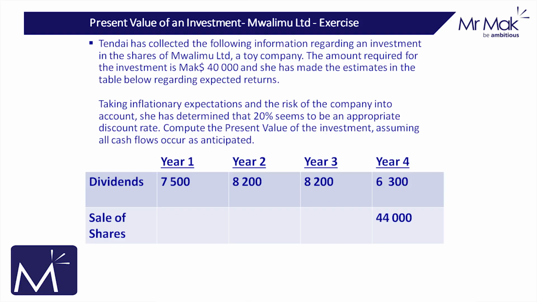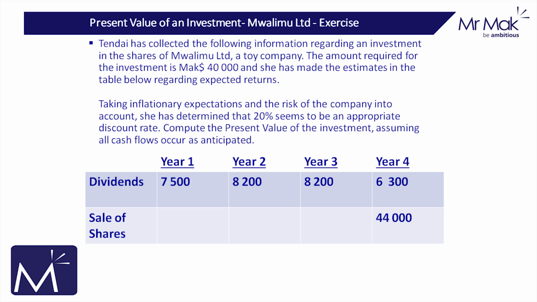Let's do the example in Mwalimu Limited. So in our first example, Mwalimu Limited, Tendai has collected the following information regarding an investment in the shares of Mwalimu Limited, a toy company. The amount required for the investment is $40,000, and she has made the estimates in the table below regarding expected returns.